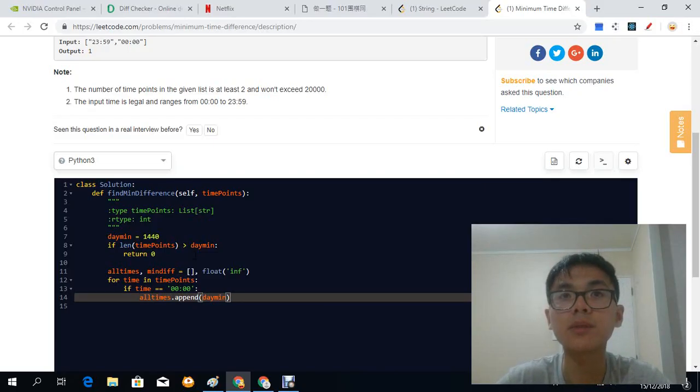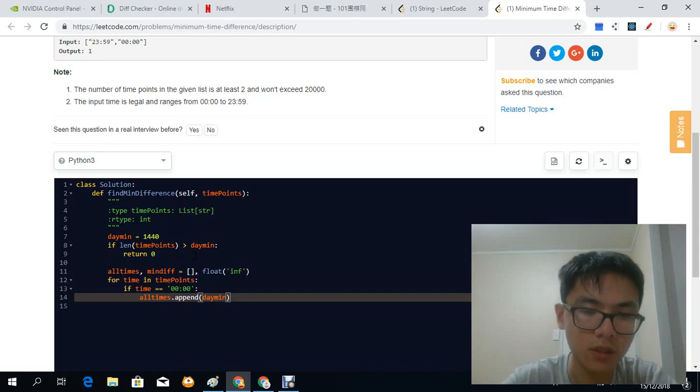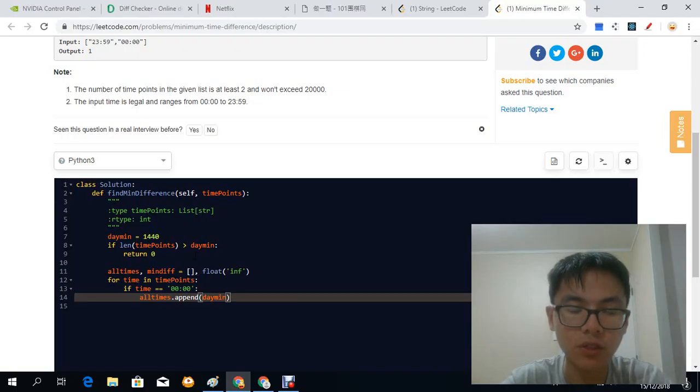The reason is that we need the minimum difference. If we use 0, the result we get will not be the minimum. Therefore, we need to choose another expression of this time, which is the day minutes.